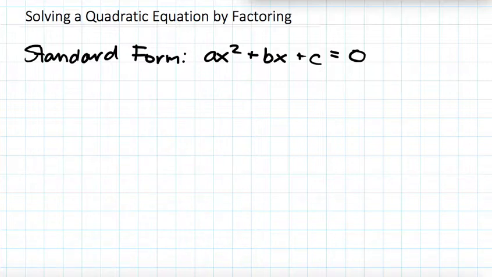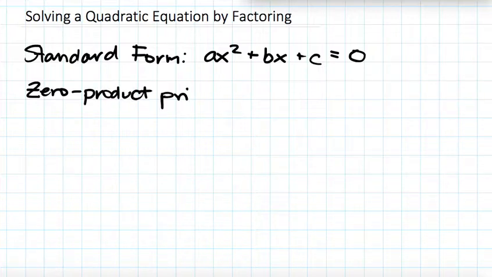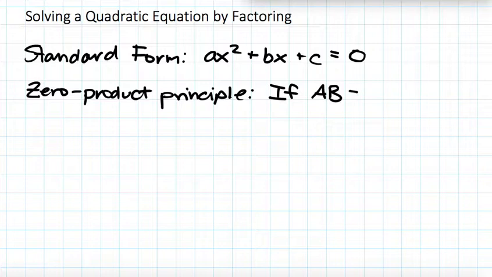We need to have the equation in standard form because we're going to use something called the zero product principle. And the zero product principle states that if we have two numbers, or algebraic expressions, that are multiplied together, so if a times b equals 0, then one of those two must be 0.